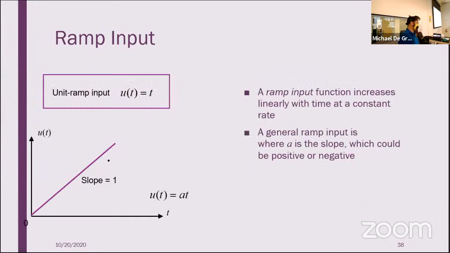We also have a ramp. A unit ramp is given by u of t is equal to t. A ramp input function increases linearly with time at a constant rate. If you have a unit ramp, this indicates that the slope of the function is 1.